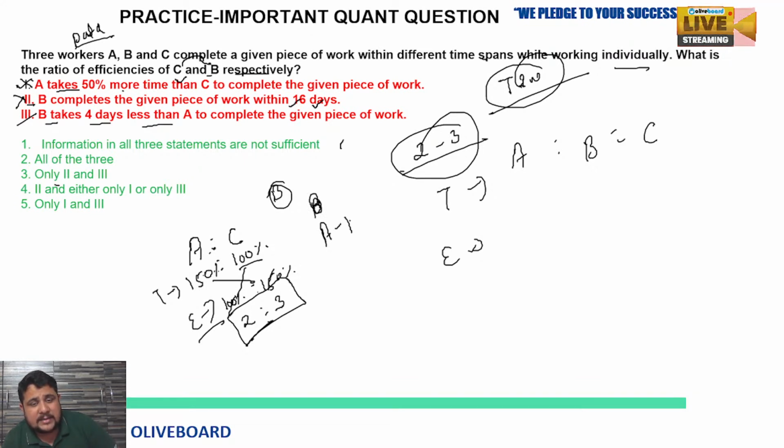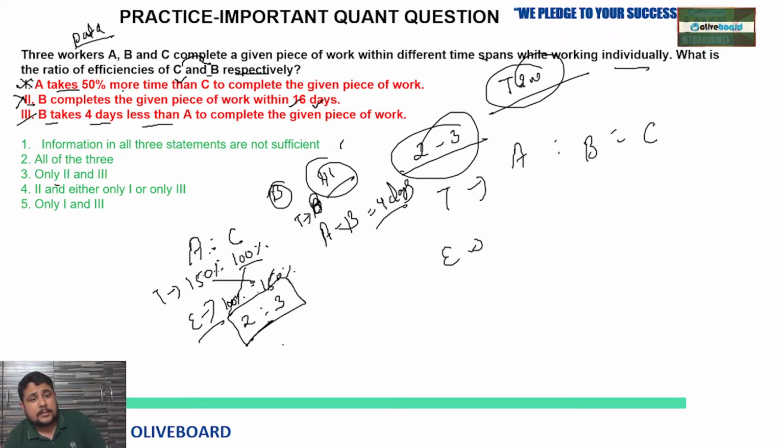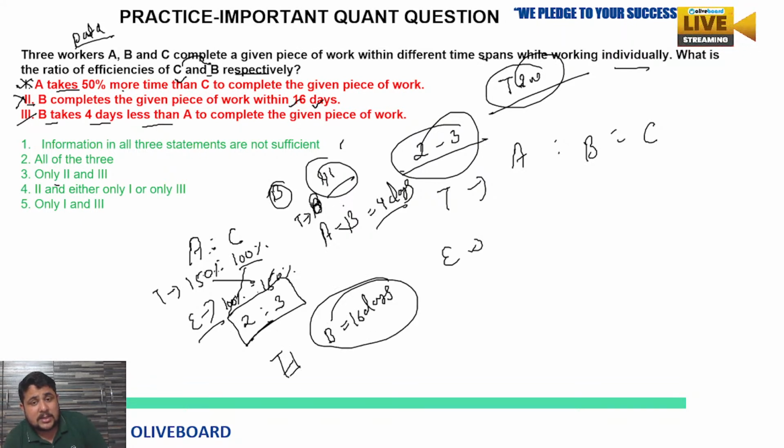So A minus B, if we talk about timing, their time difference is 4 days. This is what is given in the third statement. The second one talks about B, that B takes 16 days. So by the third one also we can't solve this. They are talking about A and B and their time difference. So the third one alone is not sufficient.